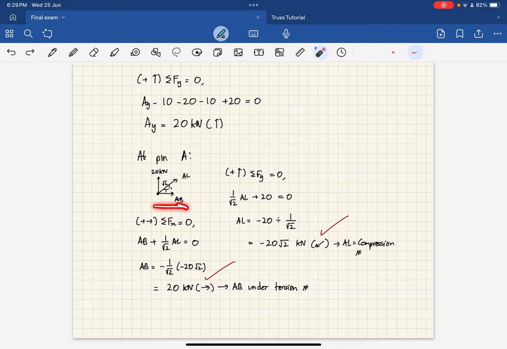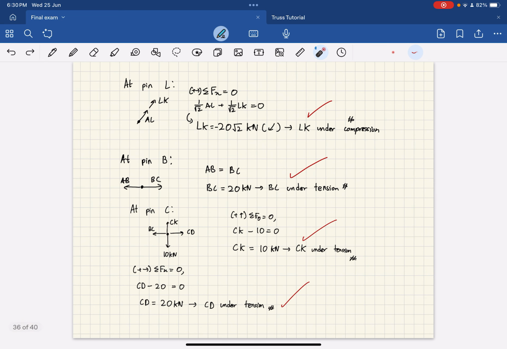The same for AB. After using the equilibrium equations, Fx and Fy equal to 0, I managed to get the direction for AL and AB. AB is clearly under tension, following the correct direction, but AL is in the opposite direction, therefore it's in compression.